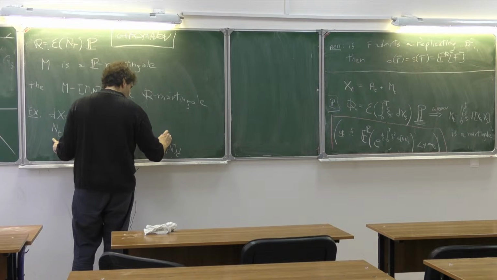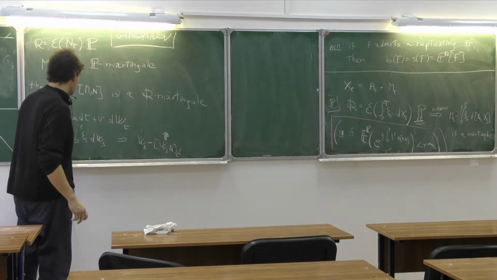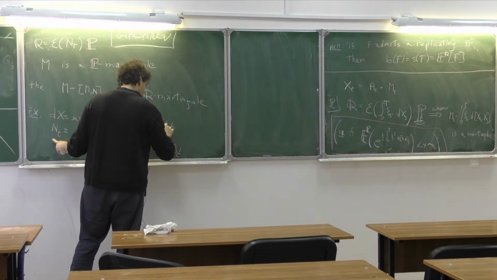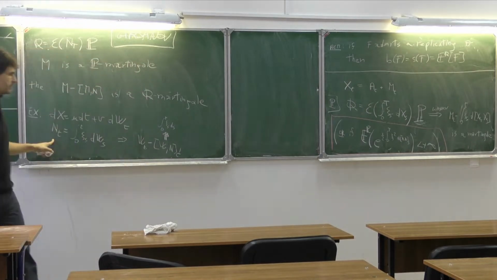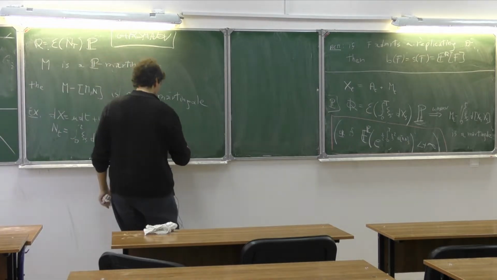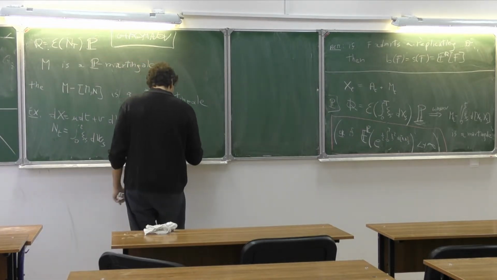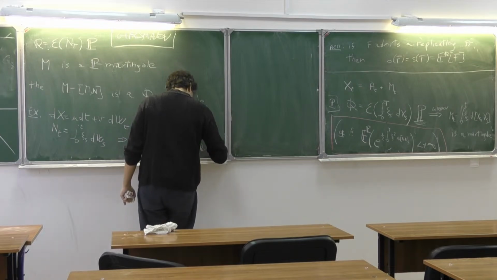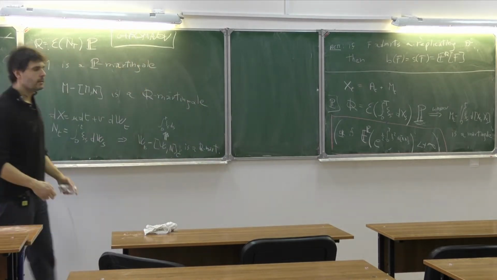This cross quadratic variation is the integral of c_s in dX. So this function of t and omega is a Q martingale. That's the theorem.